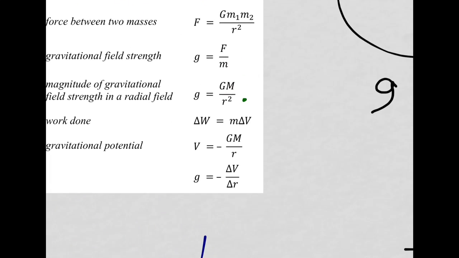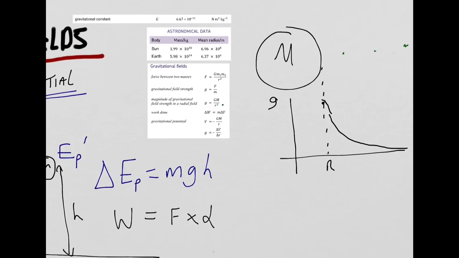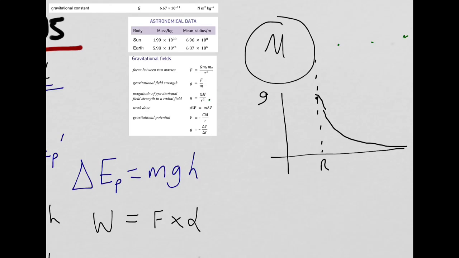We could use this equation that we learnt before and, for this point here, calculate a new value of g, call it g prime. We could put in the new radius of this distance here and get g double prime, etc. If we change the radius each time, we'll get a new value of g out every time.